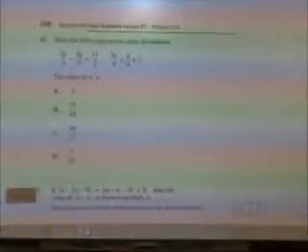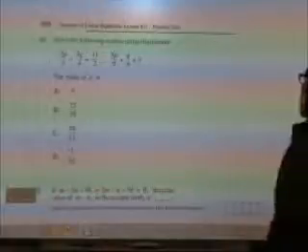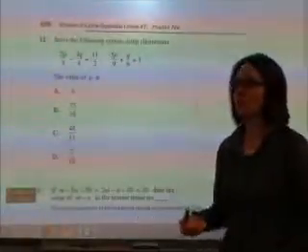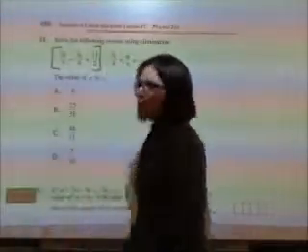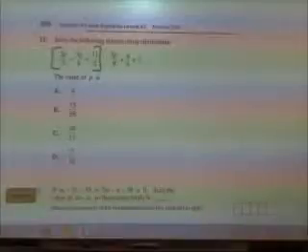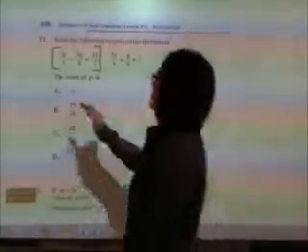Question number 11. Solve the following system using elimination. Before you try to do this, you need to get rid of those fractions. So what can I multiply the 3, the 4, and the 2 by? What's my common factor, or common multiple, sorry, between those three? 12.